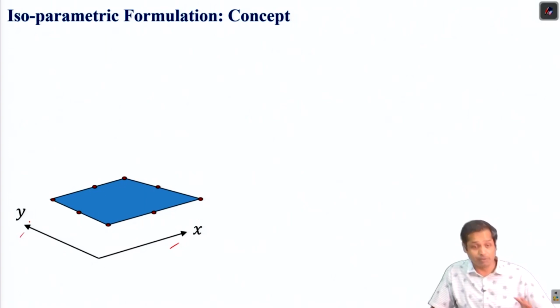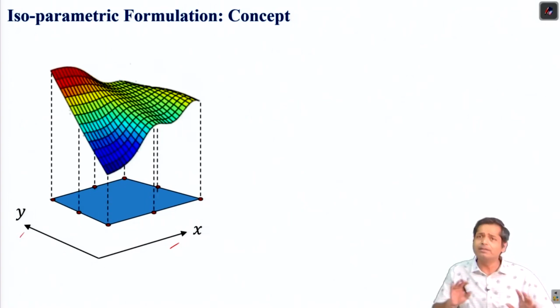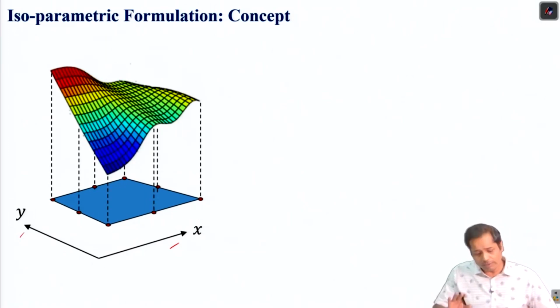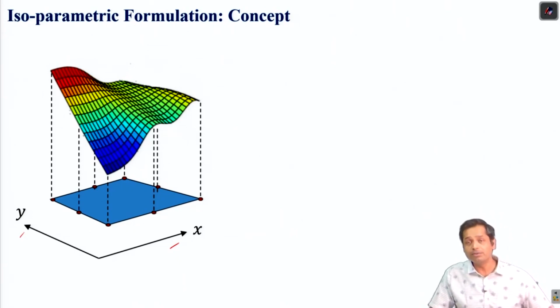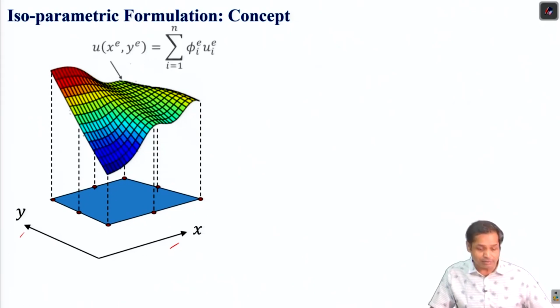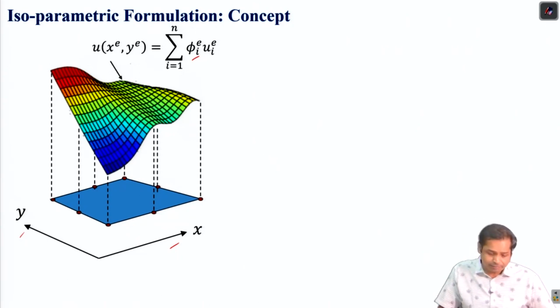This is the physical domain. Now suppose any function is defined over this element, and we know this function can be represented through the shape function. So any function u within this element can be represented by this, where phi I is the shape function and n is the number of nodes in the element.